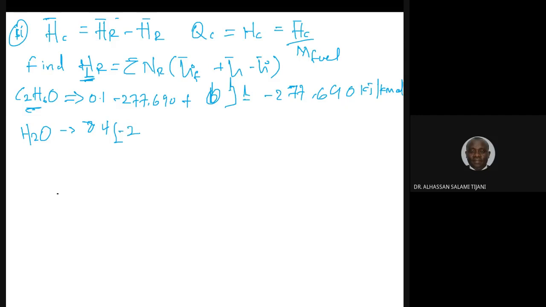So minus 249,595,950 plus 0, and this gives me the enthalpy of water at 25 degrees Celsius. How much is this?